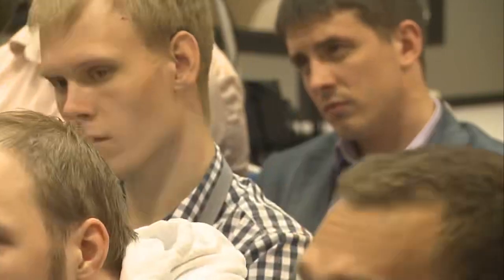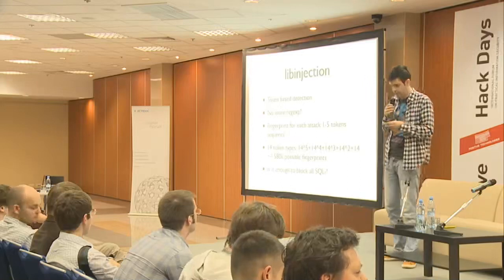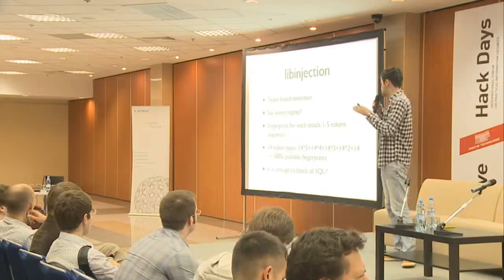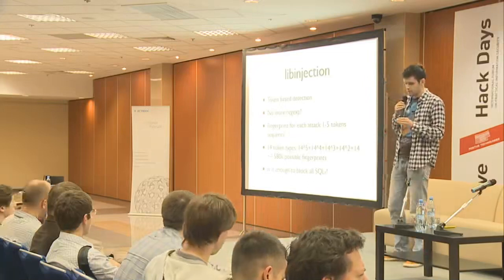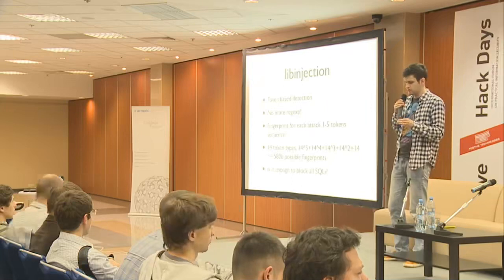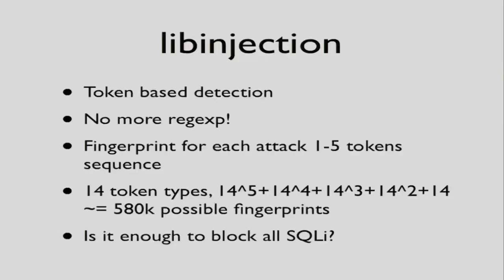From 1 to 5 consecutive tokens in a string. Of course, it would be stupid to use it bluntly and blindly. So there is a unique fingerprint containing 5 symbols characterizing the token they have met, so it intercepts the injections.